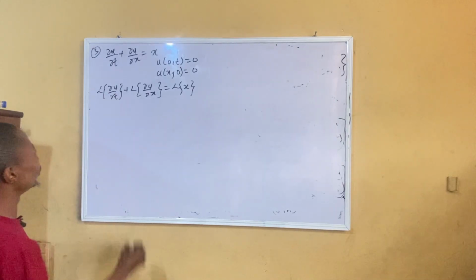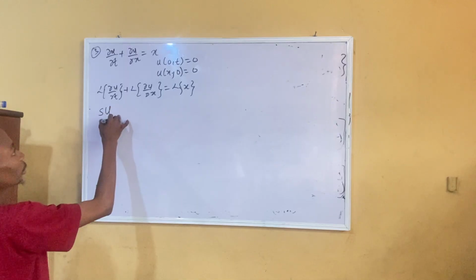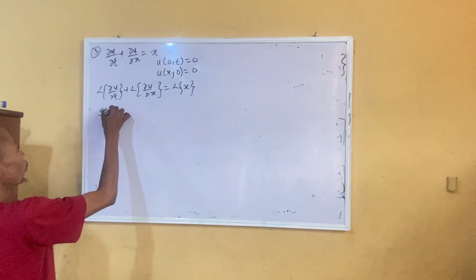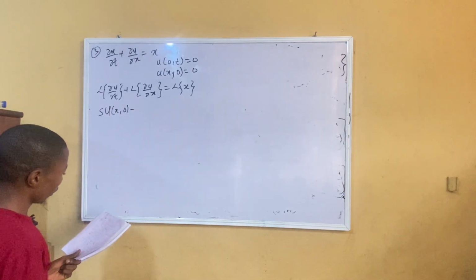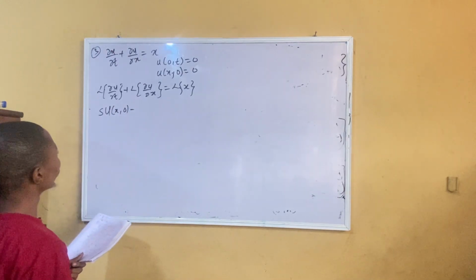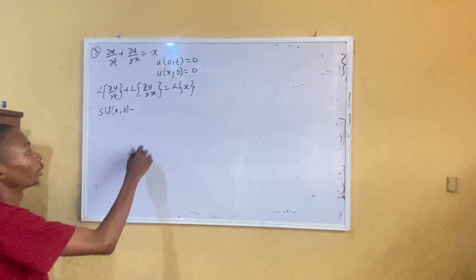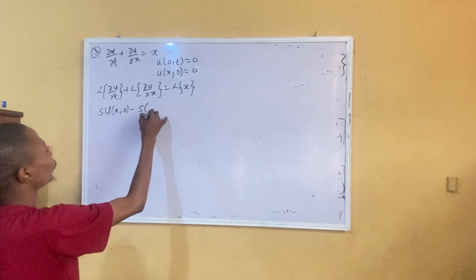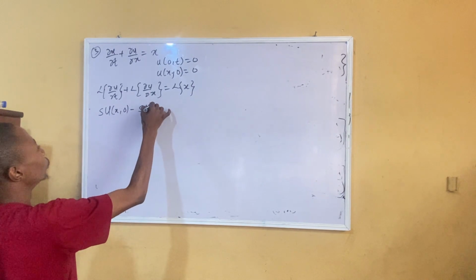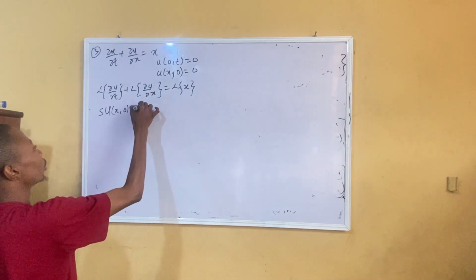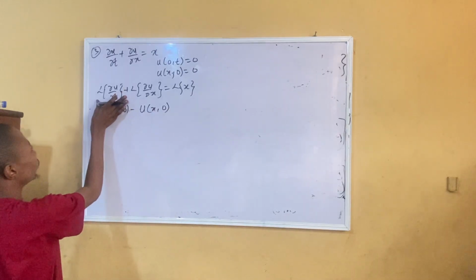If you take the Laplace of du dt, it will be s U minus u of x comma 0. That is the Laplace of this time derivative.